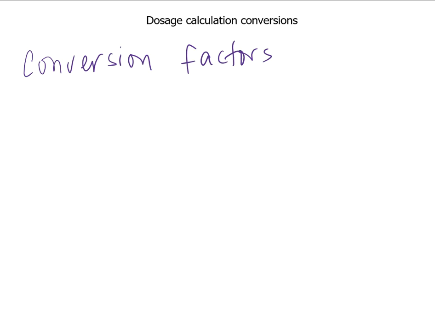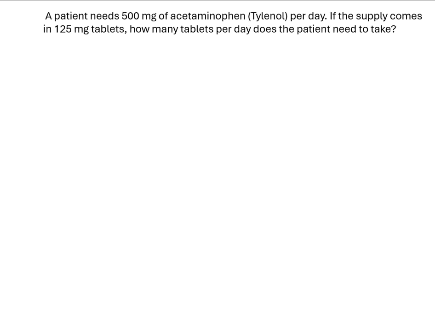Conversion factors simply give us that relationship, and we can show them as fractions. The way that you write a conversion factor is based on how you would read it. It basically tells you what units correspond with what units. We'll walk through a couple of examples as we apply the process of completing a dosage calculation.